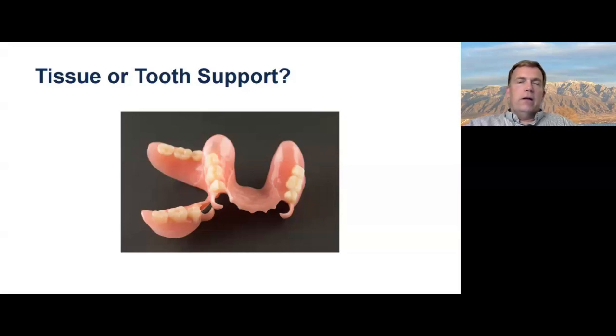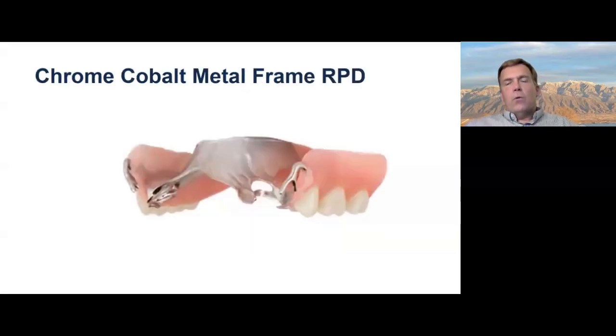Coming up now, here it is, materials. So we'll start out with a chrome cobalt metal frame partial. These were the design that came out in 1929, and for some of us, we're like, okay, well, why are we still doing these? Especially because EU regulations have severely limited the use of cobalt-based alloys.